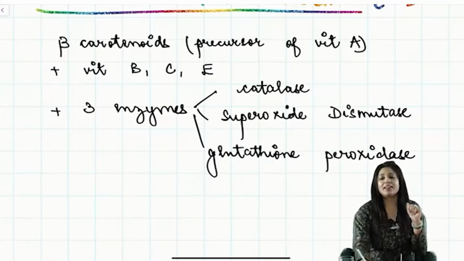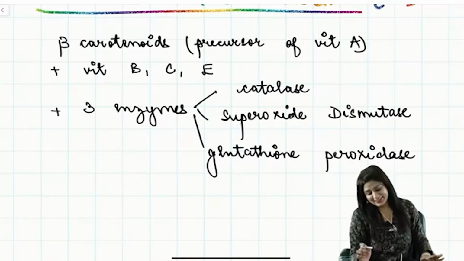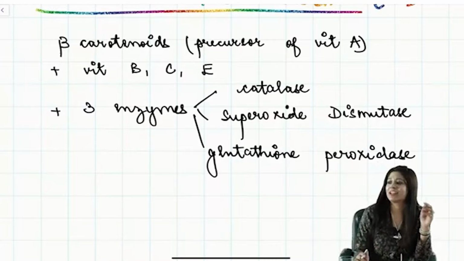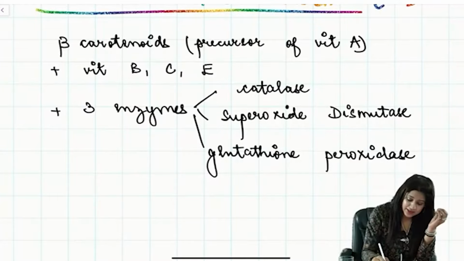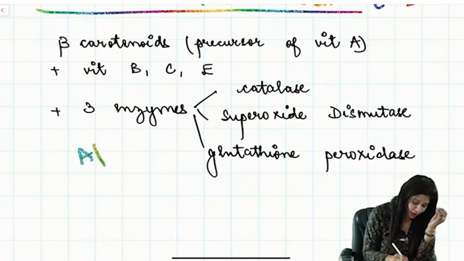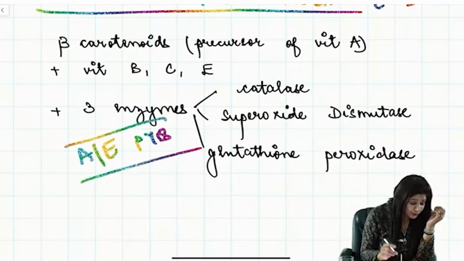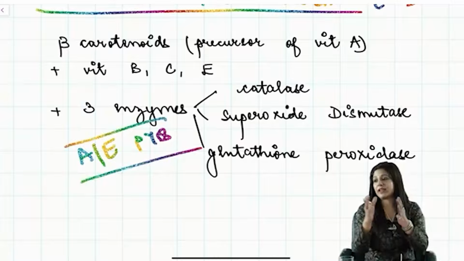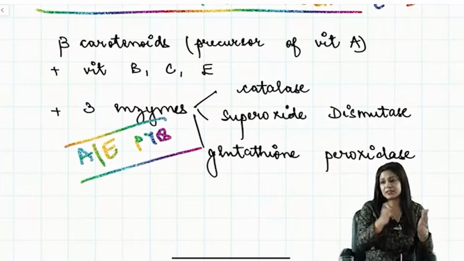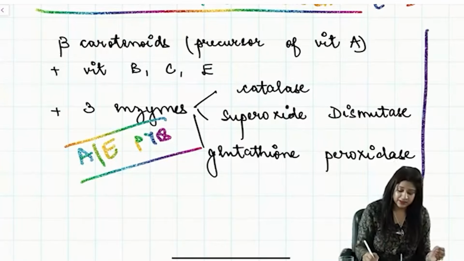So we have the catalase, superoxide dismutase and the glutathione peroxidase. So ये क्या होता है? All except PYQ है इस पे. All of the following enzymes are involved except, all of the following vitamins are involved except, ये वाला is the important part.